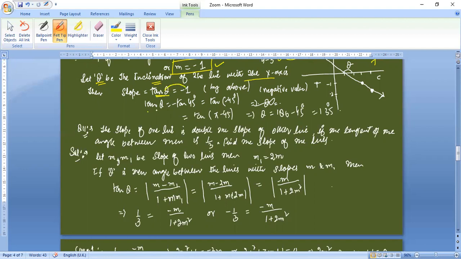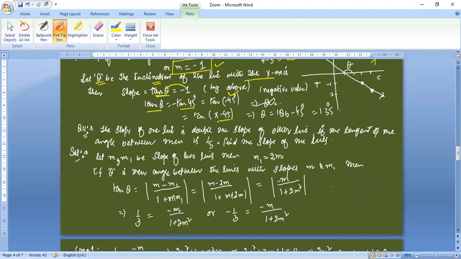So that means tan of theta is actually minus tan of 45 degrees. You know, tan 45 degrees is 1, right? We can transfer the minus, tan of minus theta is minus tan theta, right? Then changing it to another, because when the angle is negative, we change it as per the quadrant, right? So this is pi minus theta.